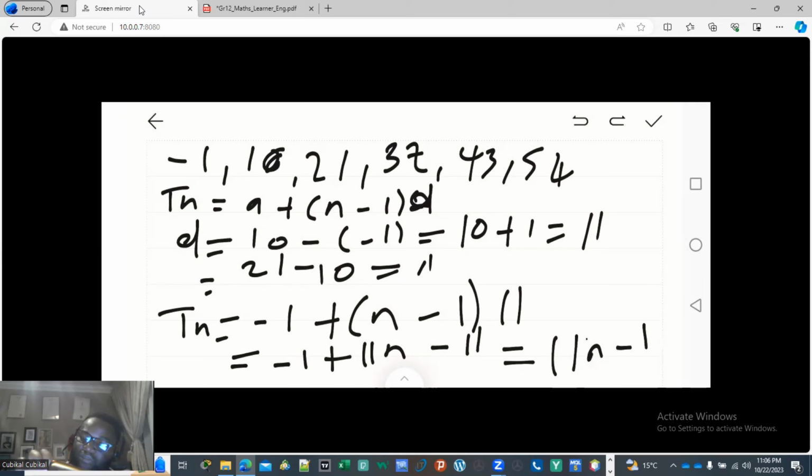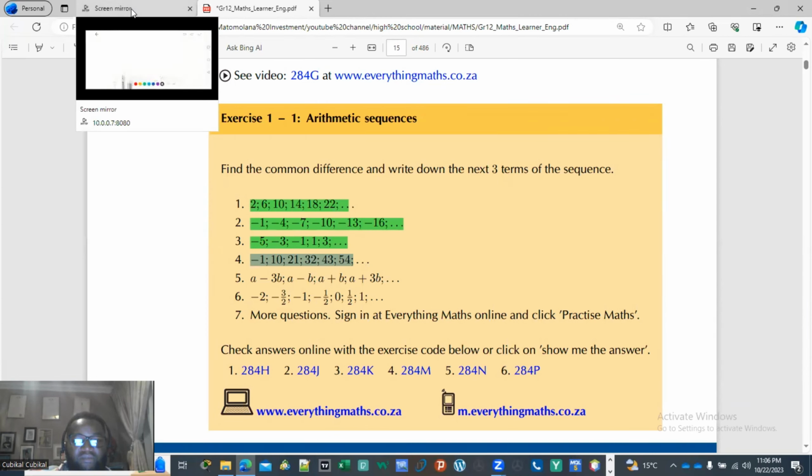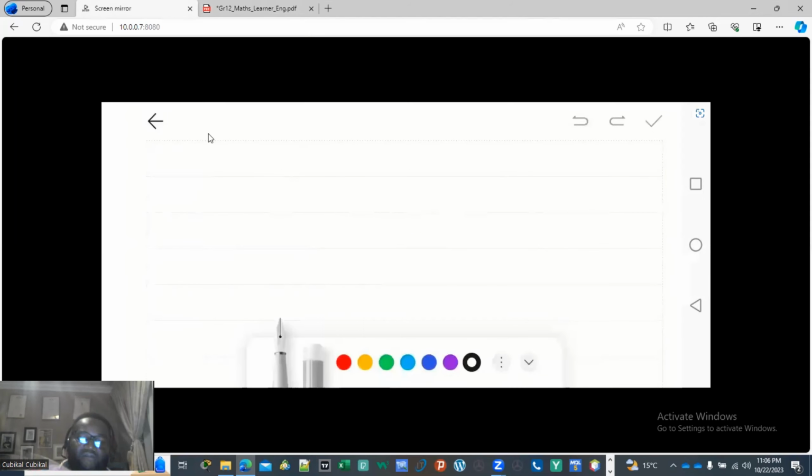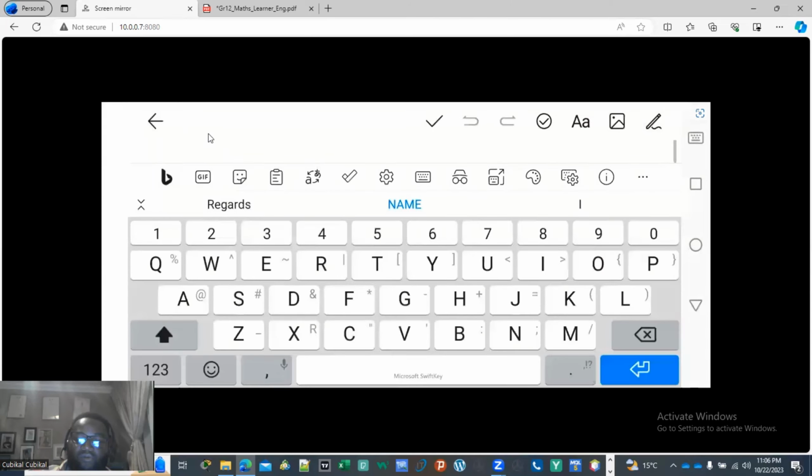Let's do that. 11n minus 12. And when you go back here, you will realize that, okay, we need to get the next three terms. And in order for us to get those next three terms, it means we need to first check how many terms are here. It's a 2, it's a 4, it's a 6, meaning that we are looking for a T7. Let me go back.